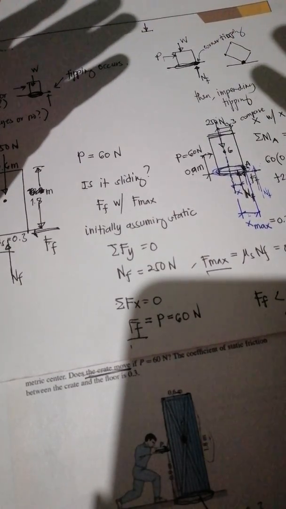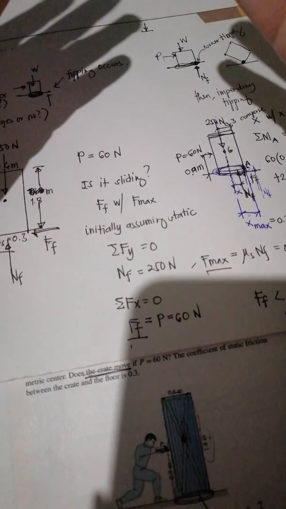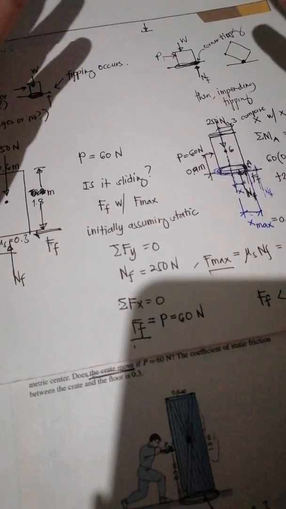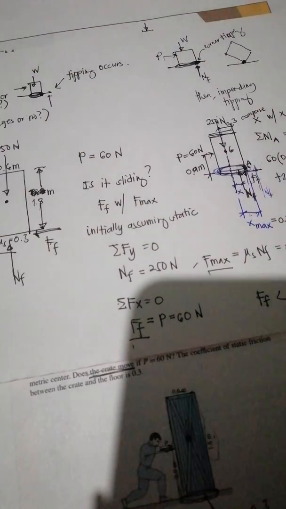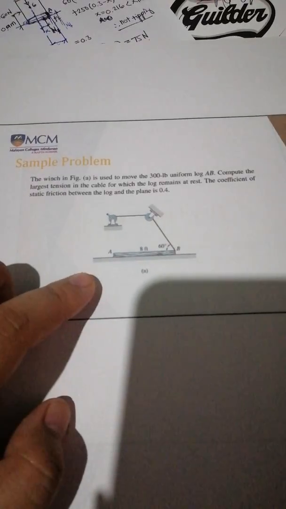But if in the solution we find that it acts away or out of the contact area and beyond the tipping point, then tipping already occurs. Okay. I guess we will continue this example on our next meeting.